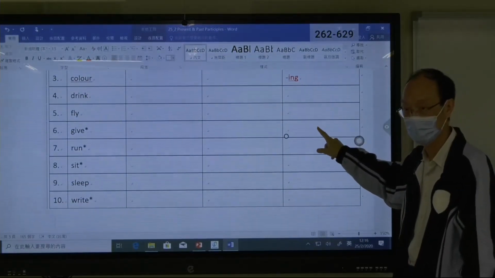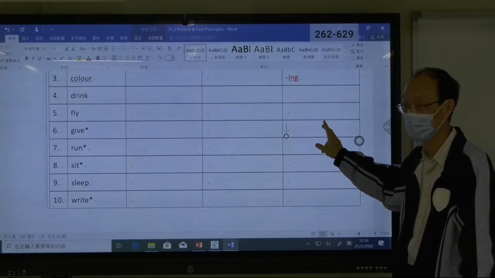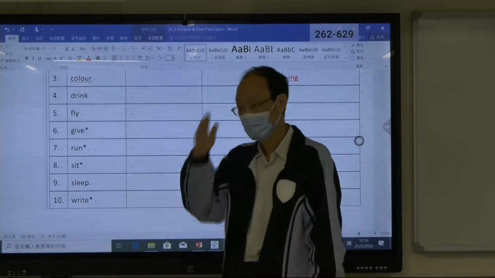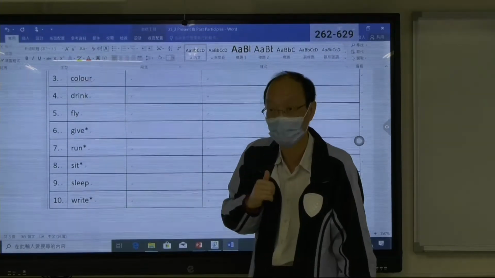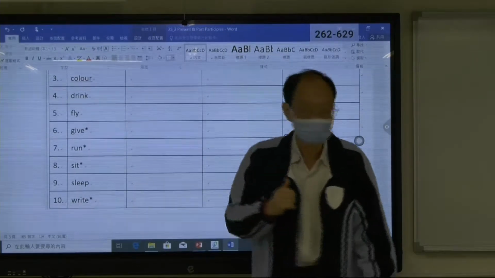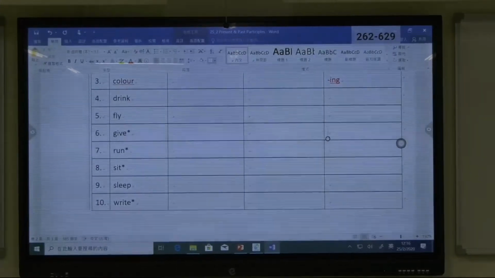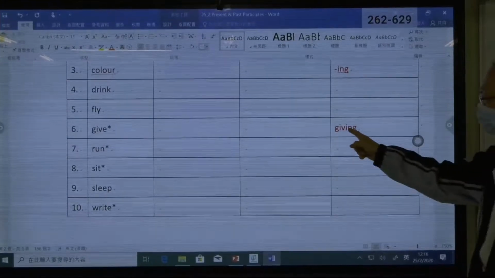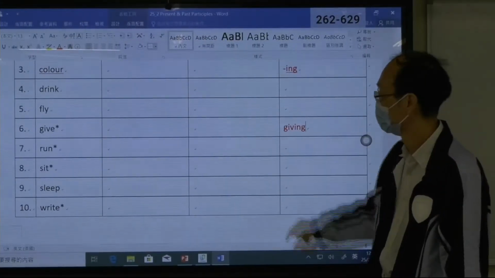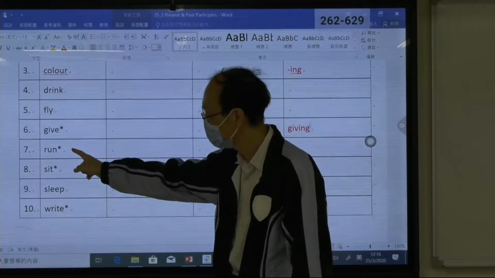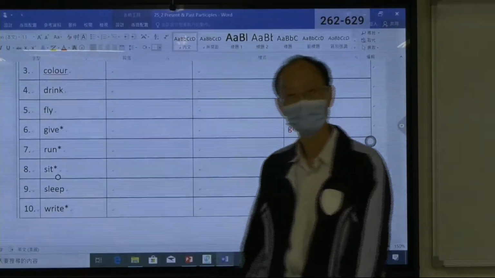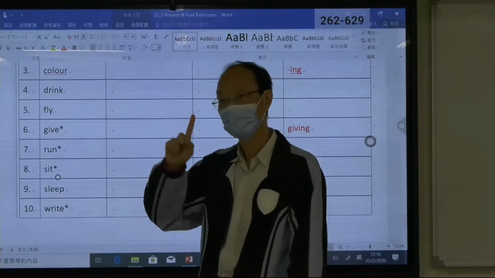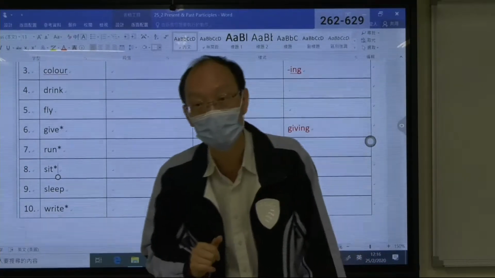No. Remember, if we have a letter E here, we should delete this letter. So we can change it to giving, no E here. How about run and sit? We have also learned this before.